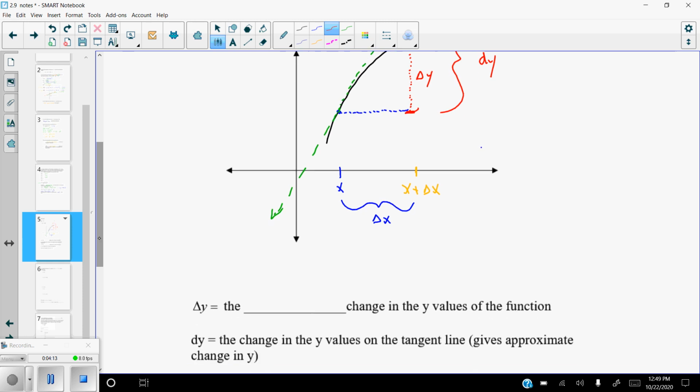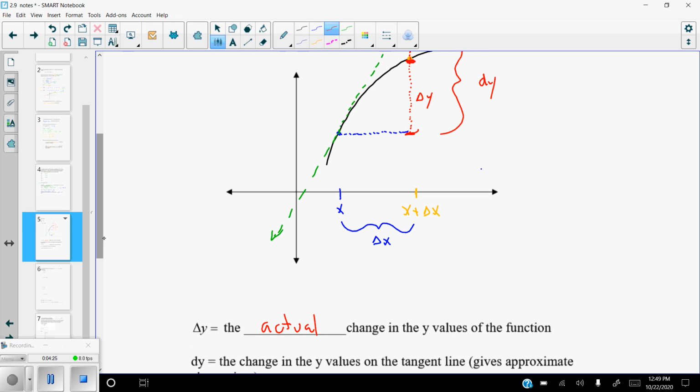So down here, we're going to state that delta y is the actual change in the y values of the function. Okay, as you see here, delta y is the actual change in the y values on the function right here.